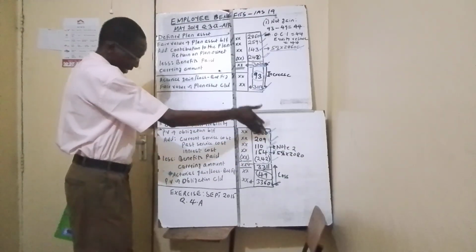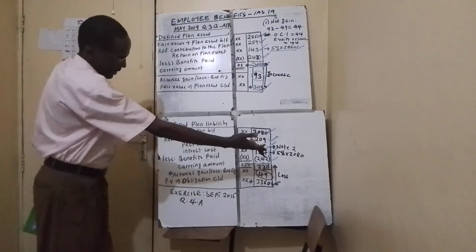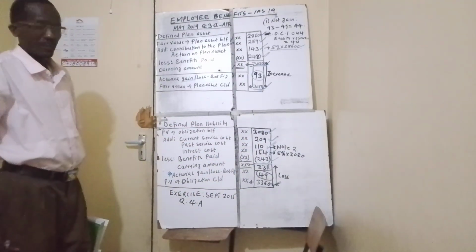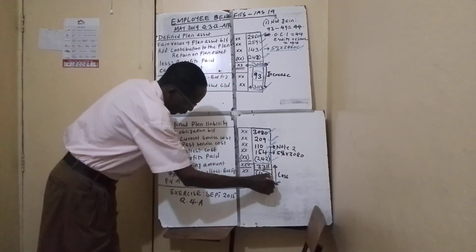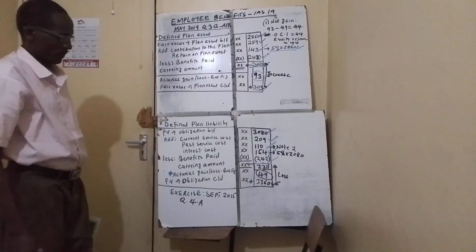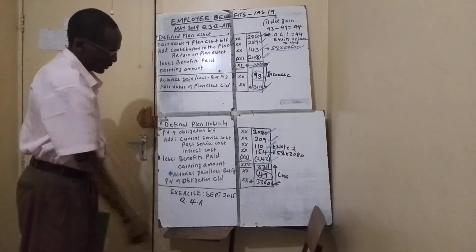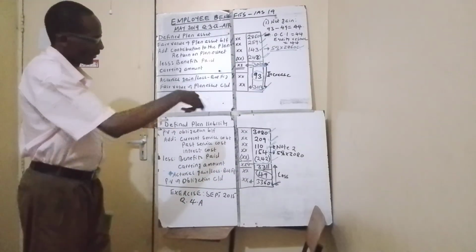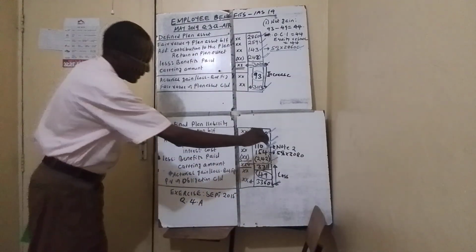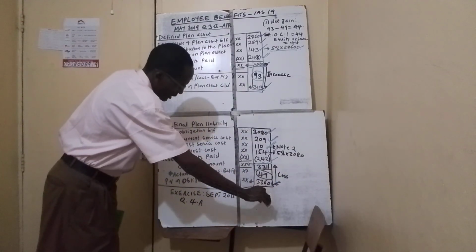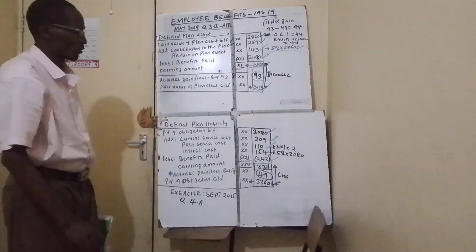After comparing your carrying amount with the present value of the obligation by the end of the year, compare that 3311 with that 3360. Obviously, it has increased from 3311 to 3360, by 49.